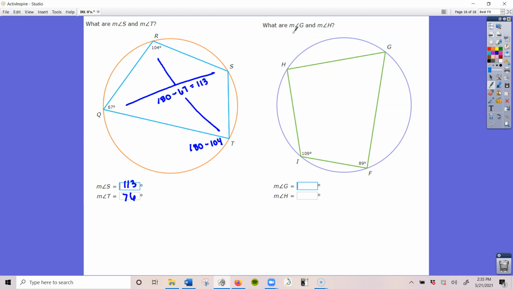Last one here, we want to find the measure of angle G and H. So G is across from the 109, so G is going to be 180 minus 109, which is 71. And then angle H is across from the 89, so that's 180 minus 89, which is equal to 91. So that's that IXL.